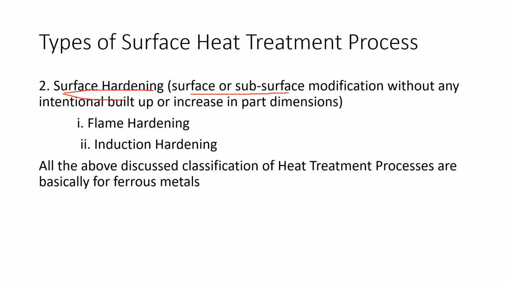Surface or subsurface modification without any intentional build up or increase in the part dimensions. Its types are flame hardening and induction hardening. All the above discussed classification of heat treatment processes are basically for ferrous metals.